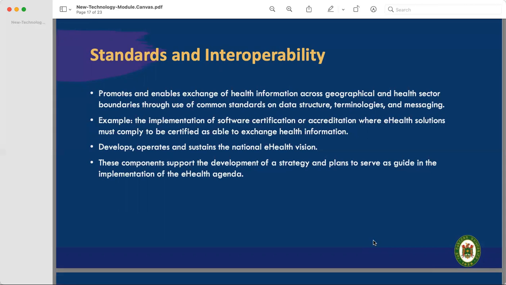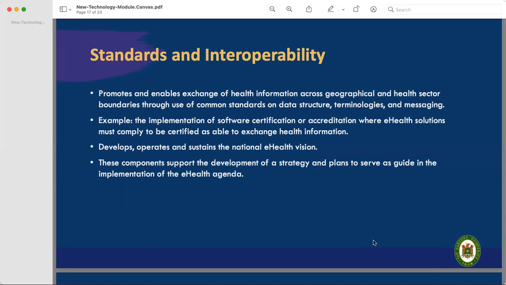Kaya nga in nursing, it's very important that you, as student nurses, are very familiar with our nursing language, because this is the same language that you will be using to communicate with other healthcare practitioners. And we have to ensure that our nursing language is understandable also among the other allied healthcare workers.